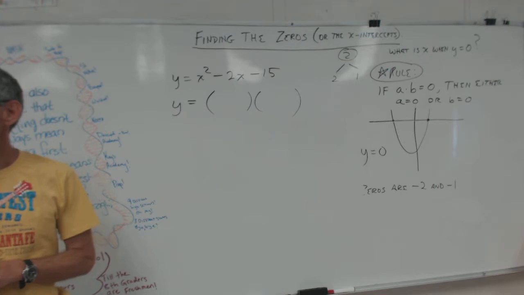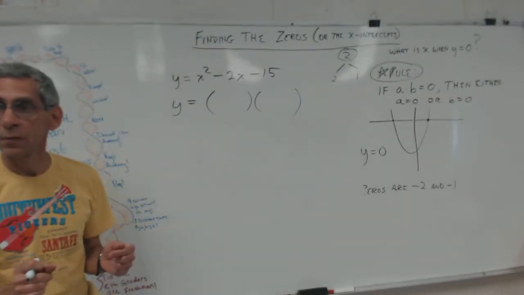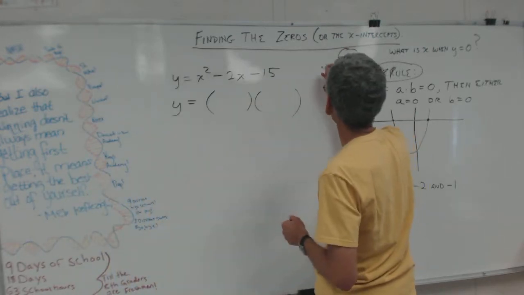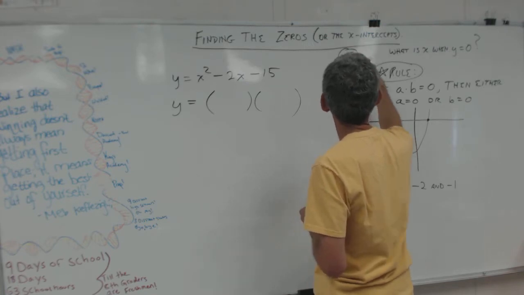Wait, are we doing factors of, this is a new problem. Yeah, so we've got factors of negative 15, right? 3 and 5 would give me 15.